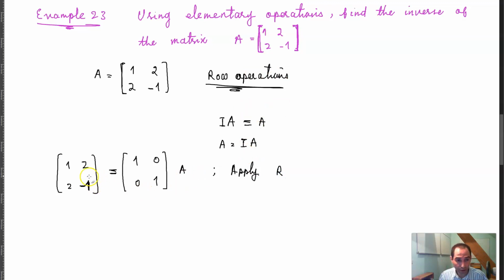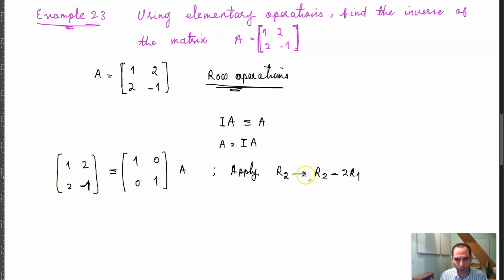So I take row 2 and subtract 2 times row 1 from that. For example, 2 times 1 is equal to 2, and then 2 minus 2 is equal to 0, meaning that I will get a 0 over here, right? So that's step 1 in order to get a 0 over here.